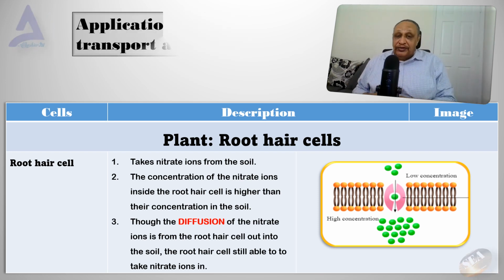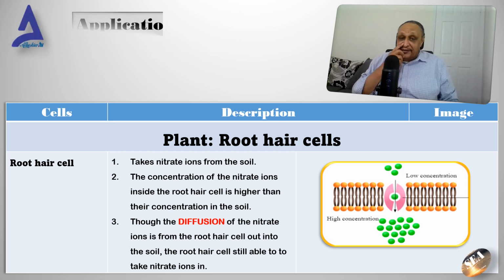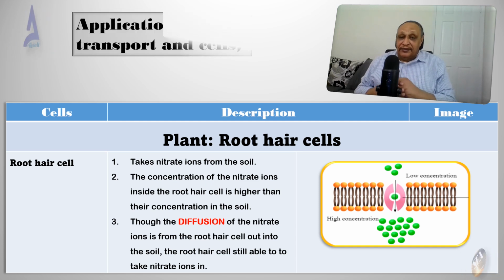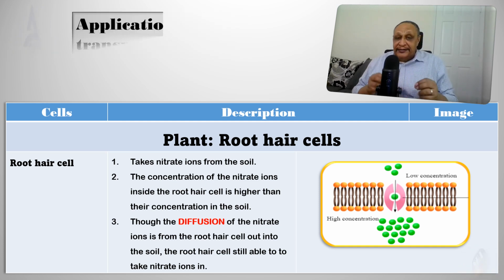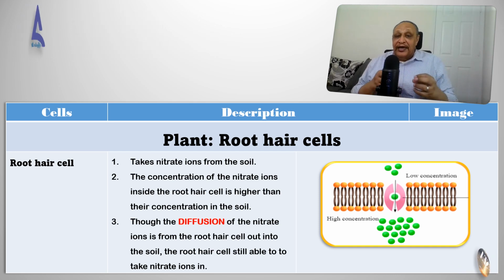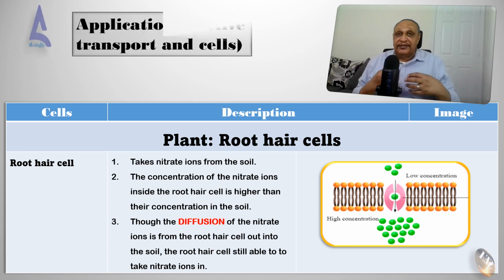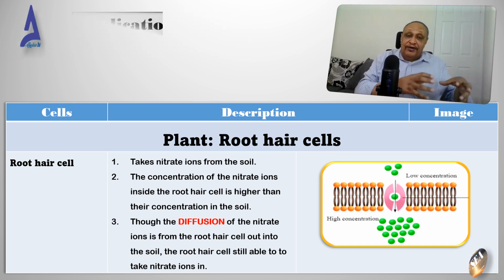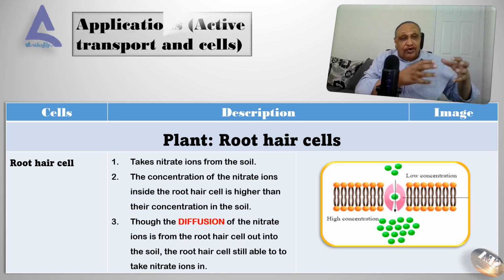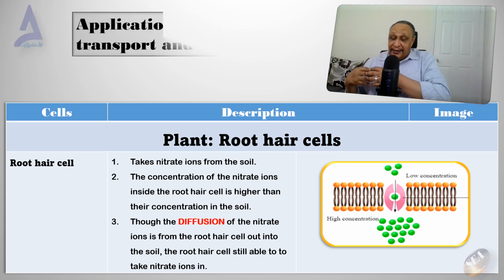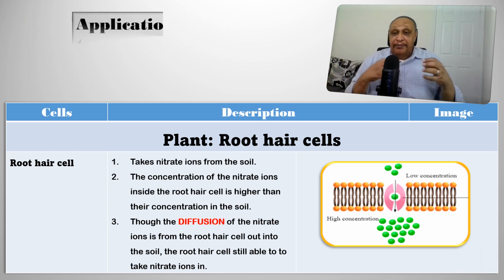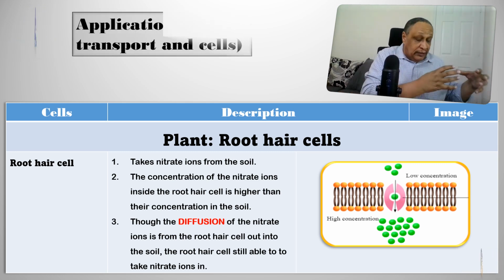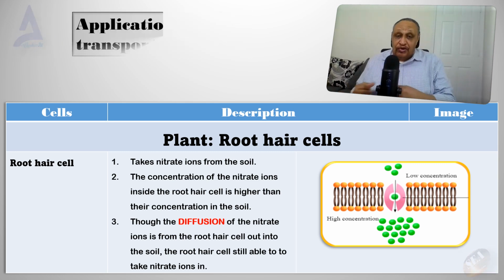The diffusion of nitrate ions is from the root cell out into the soil. That means simple, or passive, diffusion, where normally the nitrate ion moves out of the cell by passive diffusion, because it should go from high concentration to low concentration.